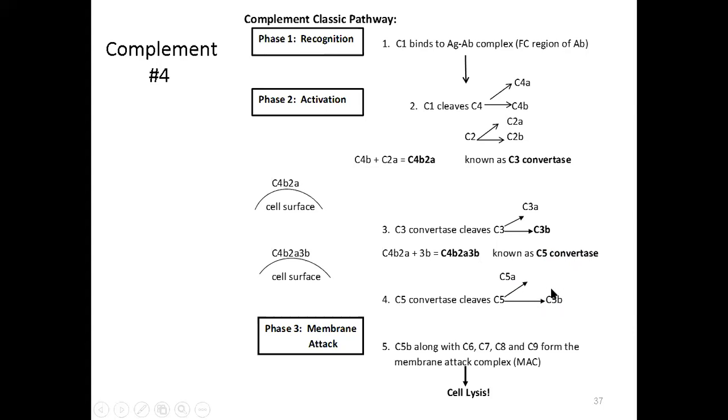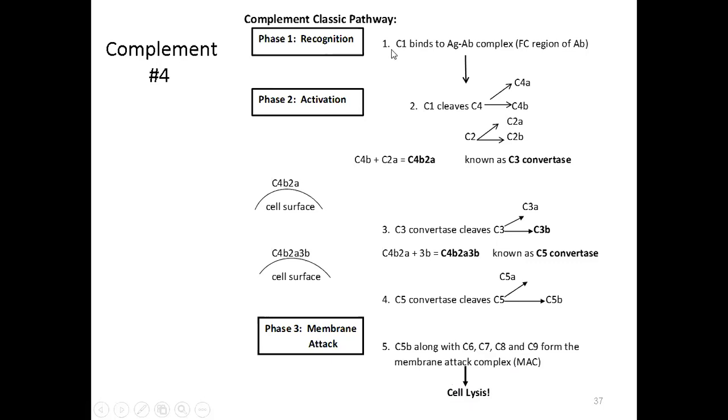And in our last phase, phase 3, membrane attack, C5b comes together with C6, 7, 8, and 9. Together, all of these form the membrane attack complex, the MAC, the Big Mac attack. And this is what lyses the red cell.